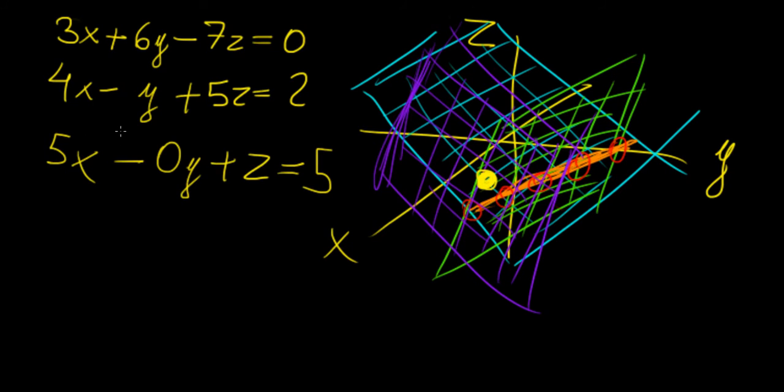Now what is going to happen in that case, as you might imagine, if all 3 planes intersect at a single point, then that single point is going to be a unique solution to the system, because it is going to be a point that has x, y, and z, and those specific values of x, y, and z are going to solve all 3 equations at the same time.